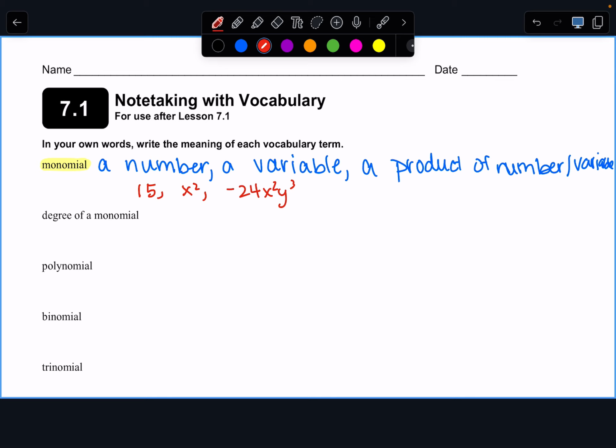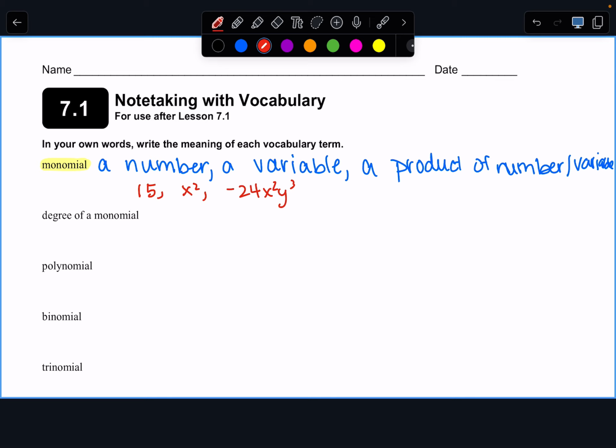Okay, so we worked with taking monomials and multiplying them, or dividing them, or taking them to a power, or whatever, okay? That was chapter 6.